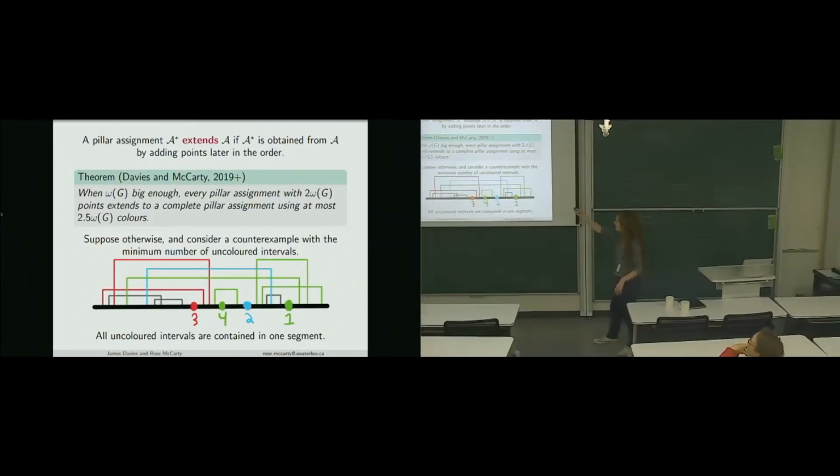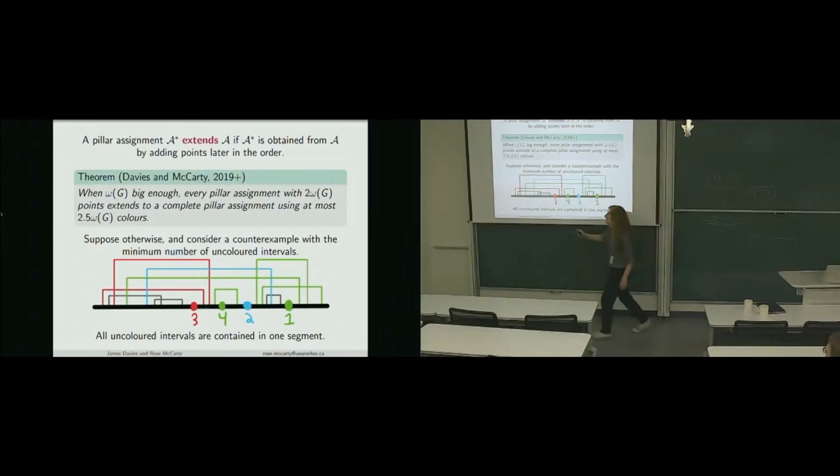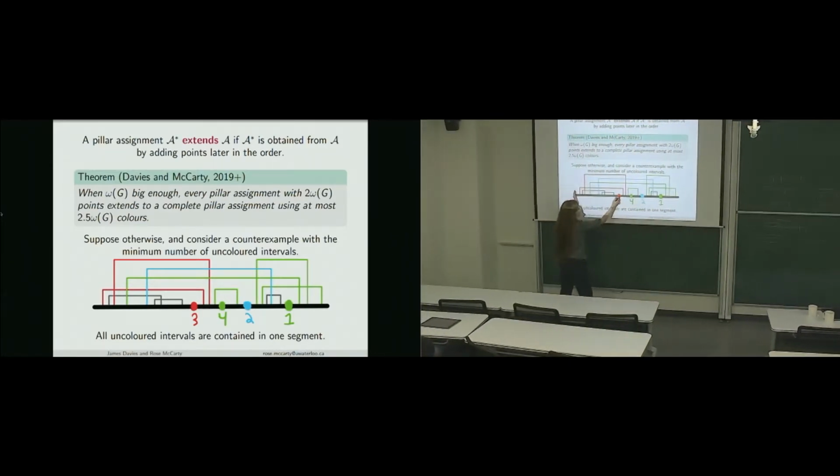Now, because this is a minimum counterexample, all uncolored intervals are contained in one segment. So if there were uncolored intervals here and here, then you would consider deleting these uncolored intervals. And then because the counterexample is minimum, you could add more points in this part to get complete assignments.